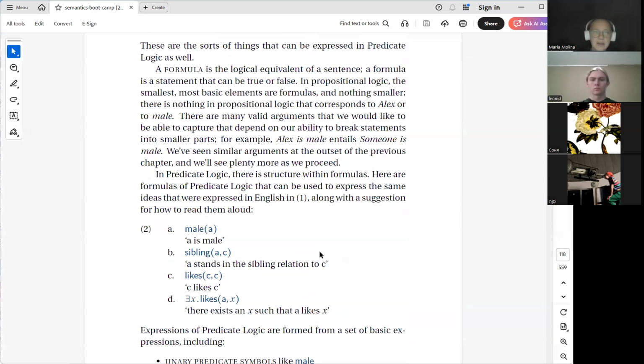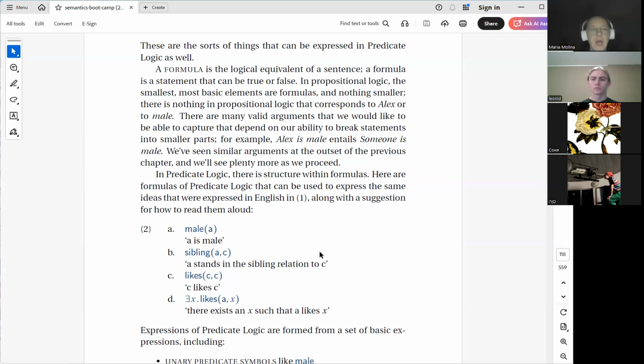A formula is a logical equivalent of a sentence, and it is a statement that can be true or false. In propositional logic, we worked with statements like P was a statement, the cat is black, or Alex is male. That was a propositional letter.